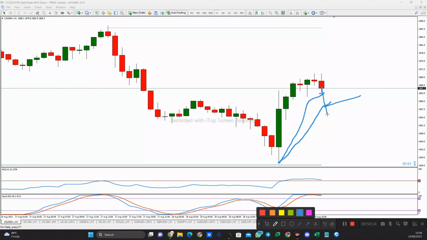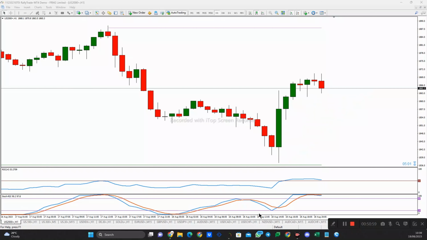If it comes down further, as long as my RSI has not gone below 50, I will adjust my trend line again to link. Then if price starts pushing up from here, this is the area where I want to go in for a buy.